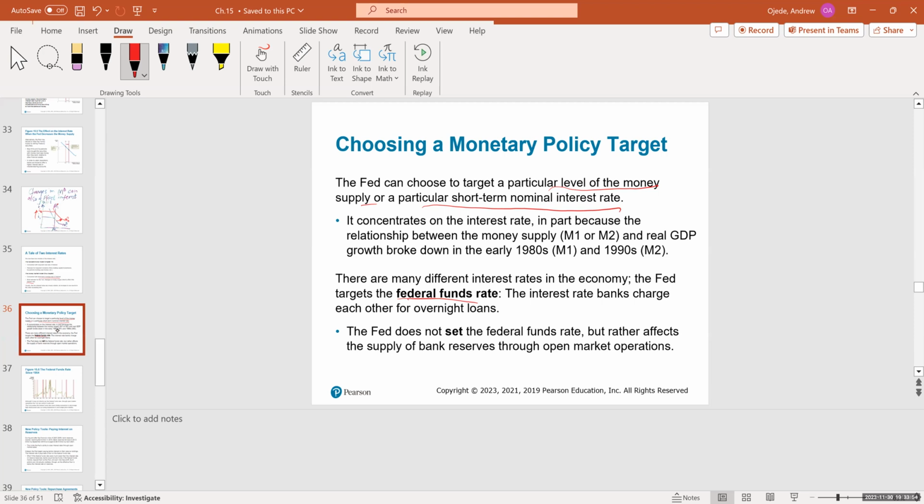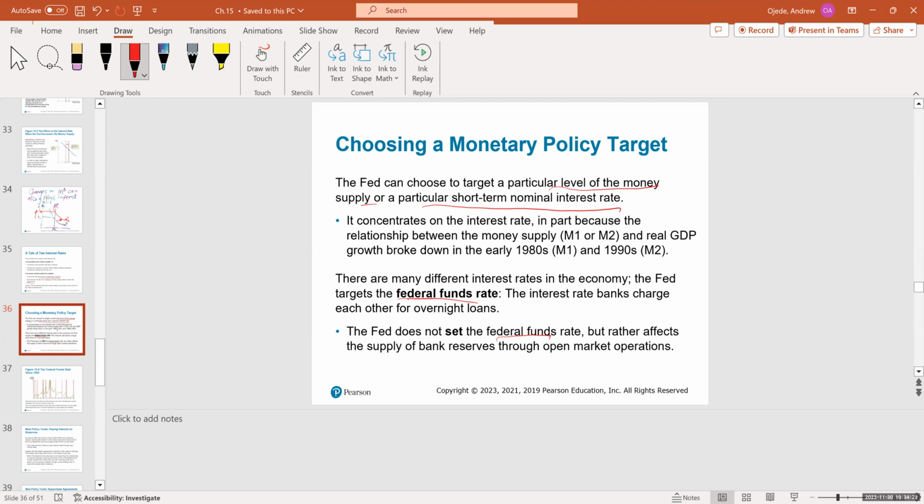So the Fed does not set the federal funds rate, but rather affects the supply of bank reserves through open market operations. Just remember that this is the interest rate between banks, but the Fed is going to influence that interest rate through its influence on reserves in the banking system, because reserves are the supply side of money available to banks to loan to other banks.